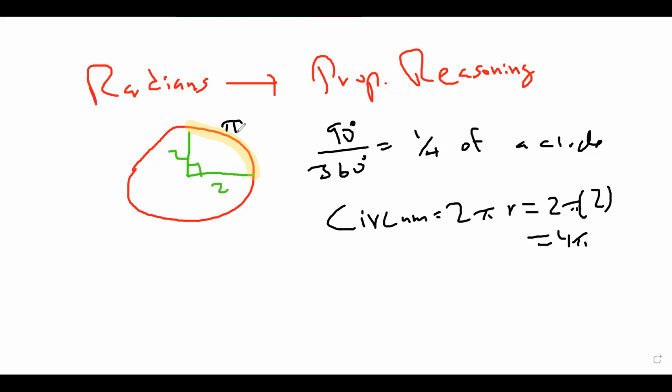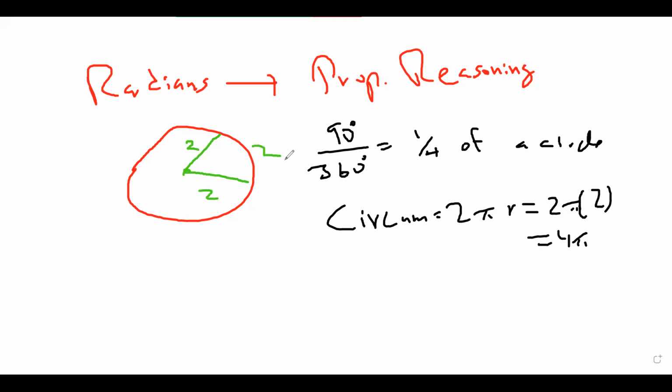Now, let's reduce this angle just by a little bit. What if I have 2 and 2? Could this arc have a length of 2? Sure, why not?